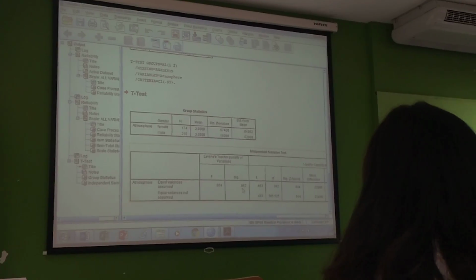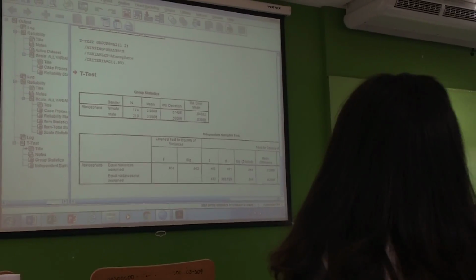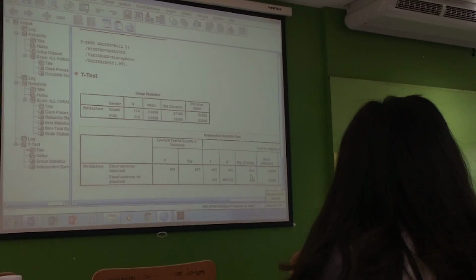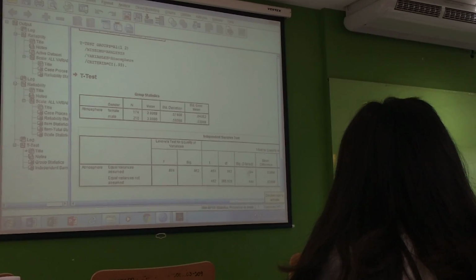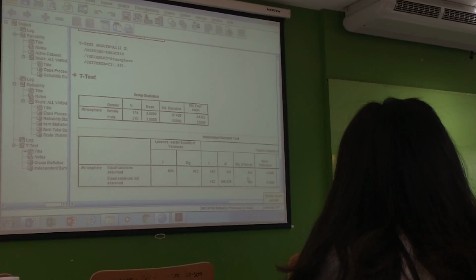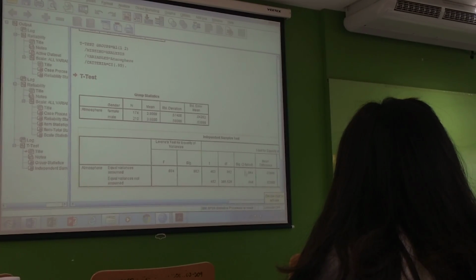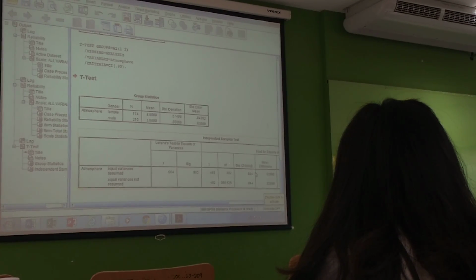Okay, if this one is greater than 0.05, then we use that one. Okay, above 1. You have above and below, right? Which one are we using? This one. If this one is greater than 0.05, then we accept S0.